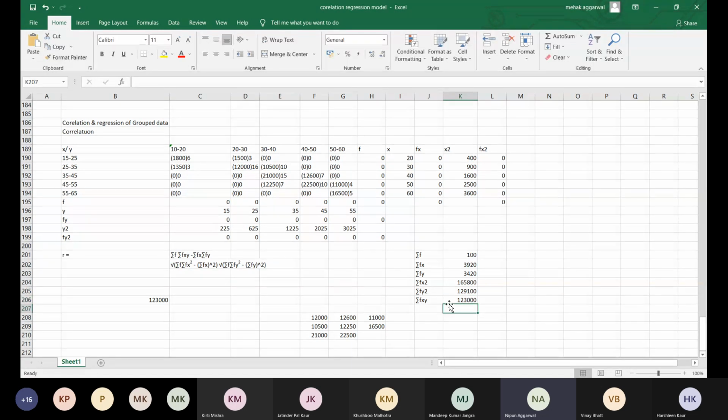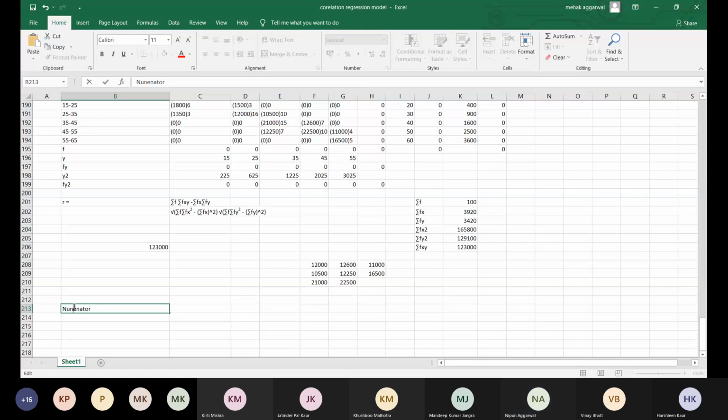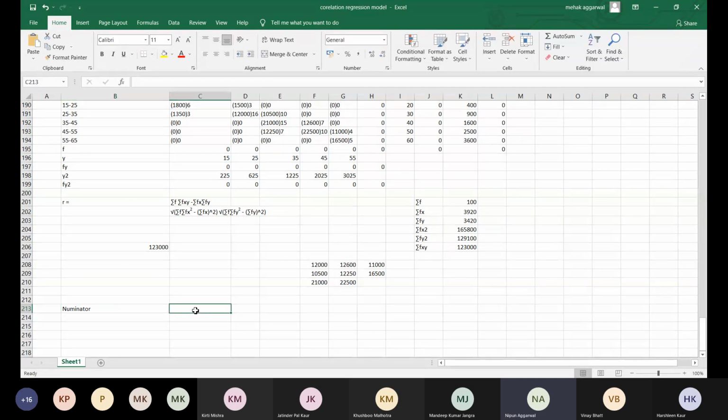Fine. You will get all the values, put in the formula to calculate the answer. So first is the numerator. We'll apply separately. So numerator is sigma f, so sigma f is 100.